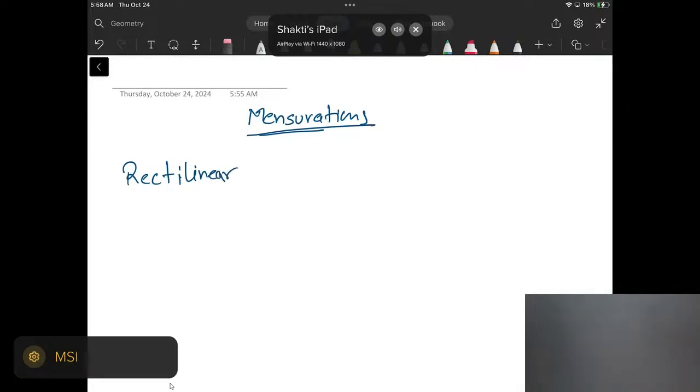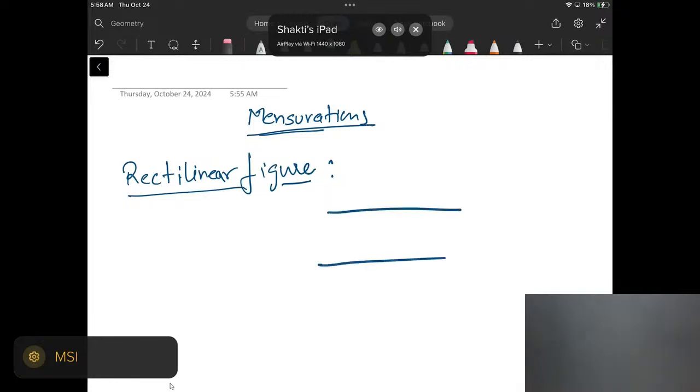Rectilinear figure. Tell me what you understand by rectilinear figure. A rectilinear figure, a closed figure formed by straight line segments, is known as a rectilinear figure. So for example, this is a figure that I created with the help of straight lines. That is known as a rectilinear figure.